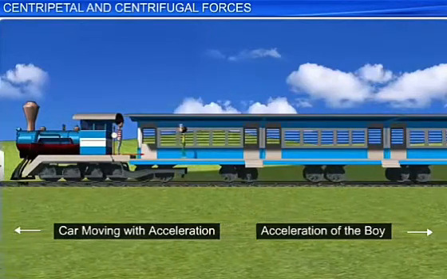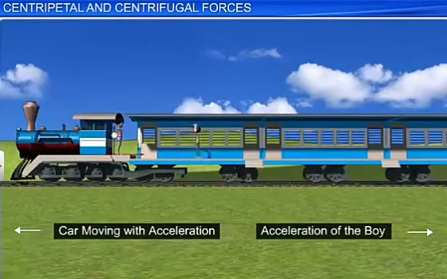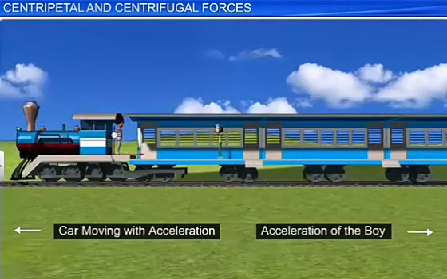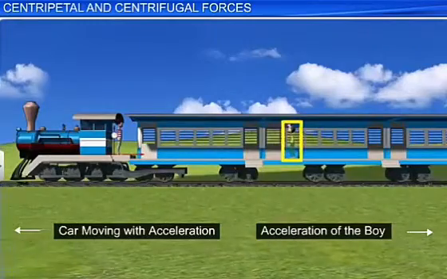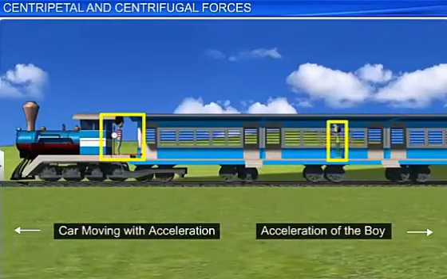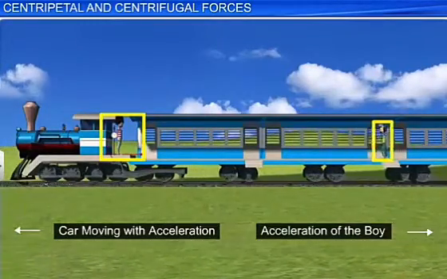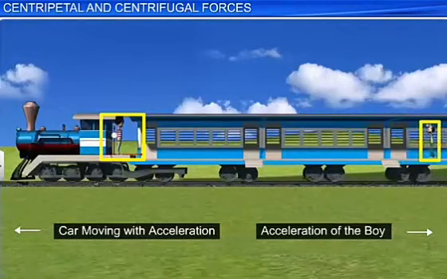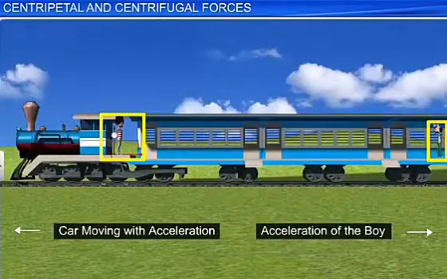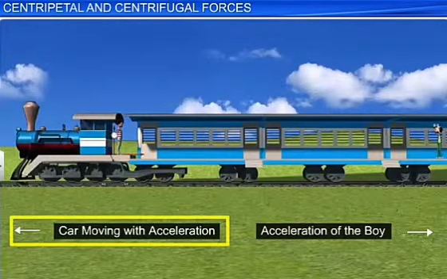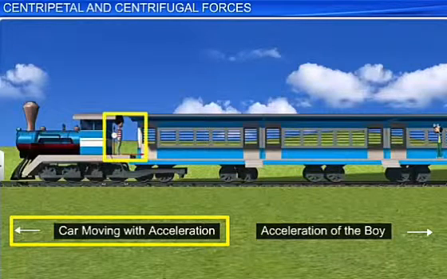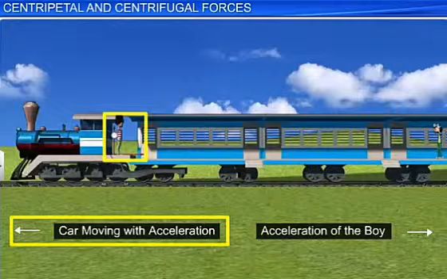As discussed earlier, there is no net external force acting on the boy. Still, the boy is found to be accelerating by an observer. This acceleration cannot be explained by Newton's laws of motion. In fact, the problem here is the accelerating frame of reference of the observer, where Newton's laws do not hold good.